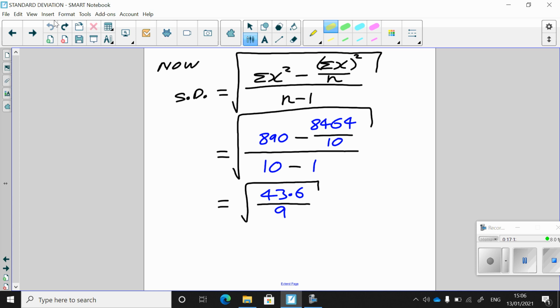You could put it into your calculator at this point. If you were putting it in, you hit the square root first, and it'll automatically open up a bracket.